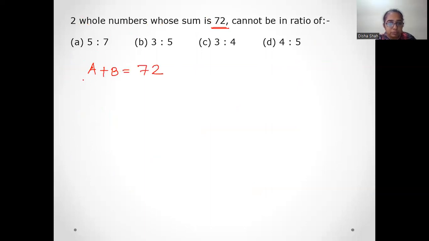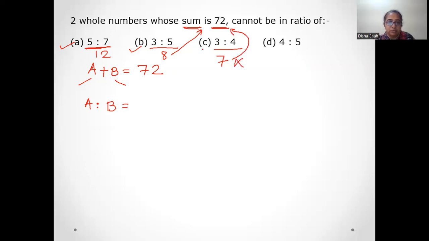So a plus b is 72, wherein a and b both are whole numbers. उनका रेशियो क्या नहीं हो सकता? a is to b का रेशियो. देखो जैसे 5 is to 7, हमें यहाँ पर सम पूछा गया, 5 plus 7 is 12, 12 is a factor of 72, yes, and hence this can be possible. 3 plus 5 is 8, 8 is a factor of 72, yes, and hence this also can be possible. 3 plus 4 is 7, 7 is a factor of 72?